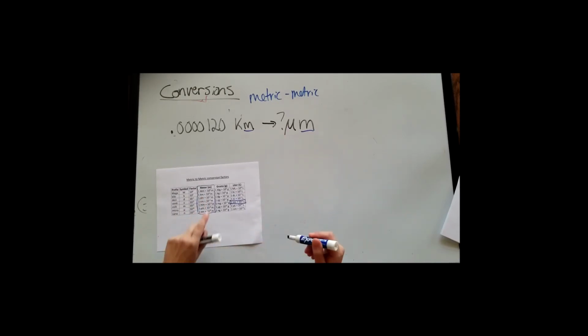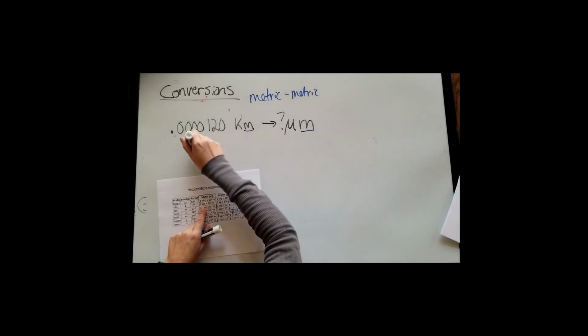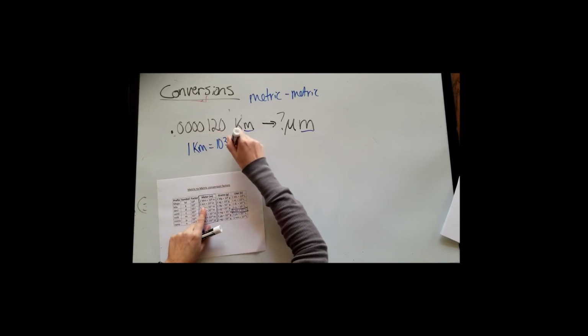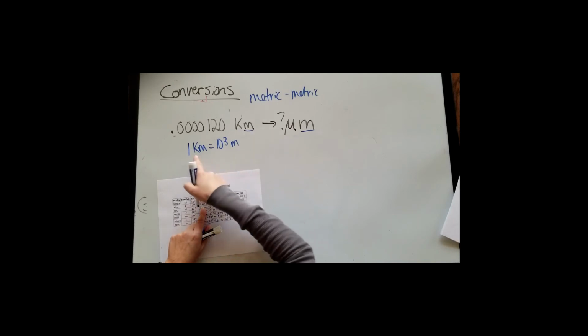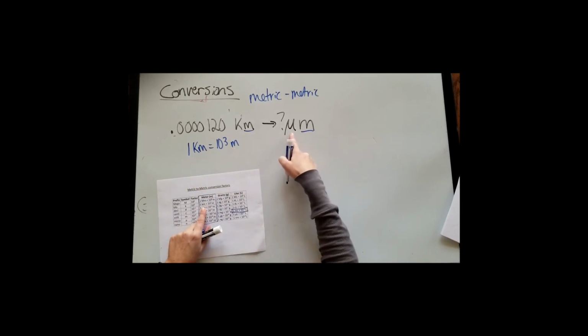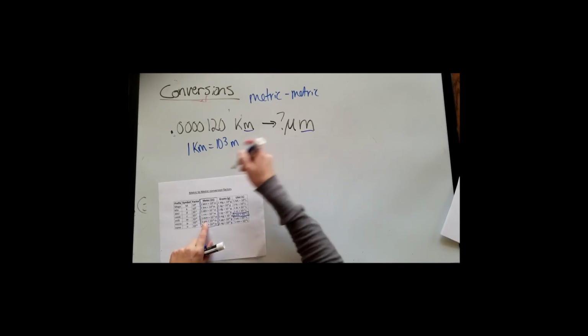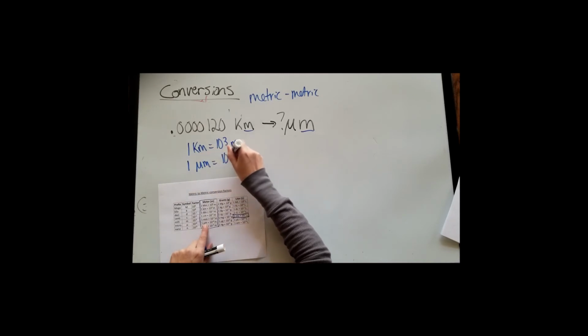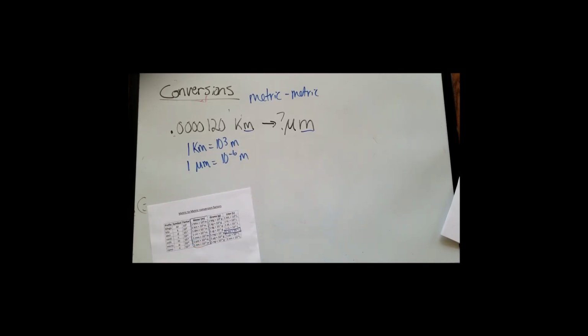So for the kilo, we have 1 kilometer is equal to 10 to the 3rd meters. So that's going to get me from kilo to meter. But then I also need to go to micro. So I'm going down to micro, and that conversion factor is 1 micrometer is equal to 10 to the negative 6th meter.